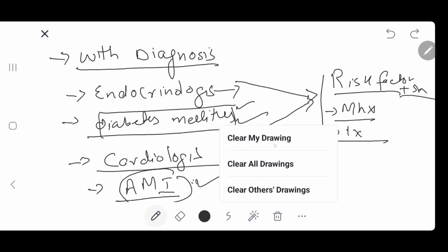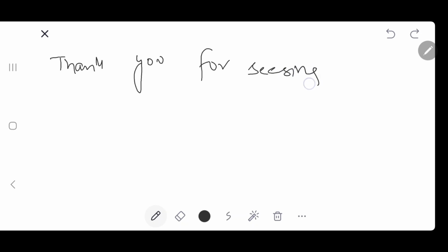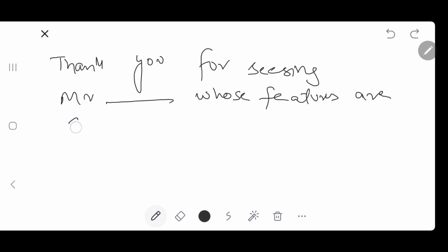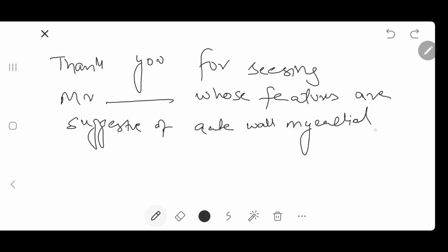In this case, we can simply write in the introduction, in this approach, let's say, thank you for seeing Mr. XYZ, whose features are suggestive of acute infarction for further management.